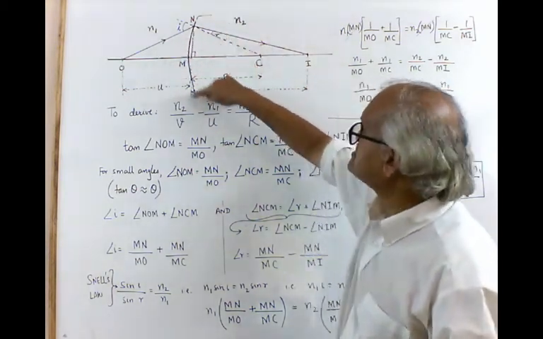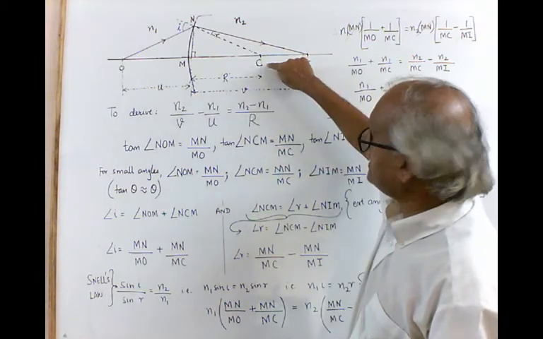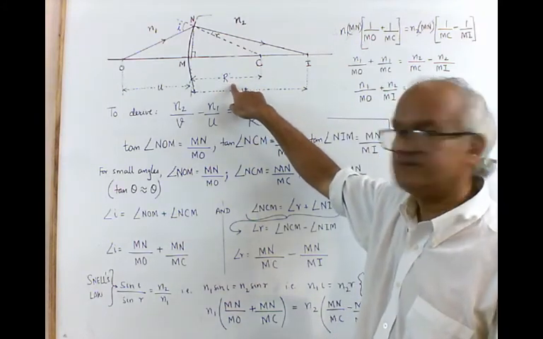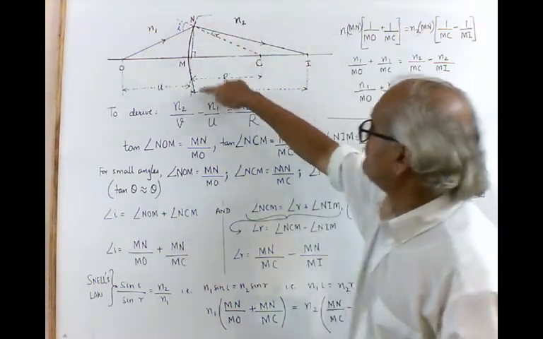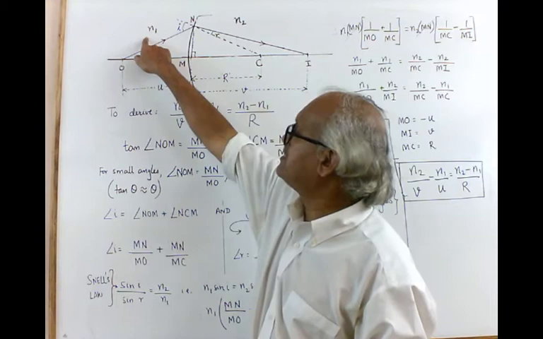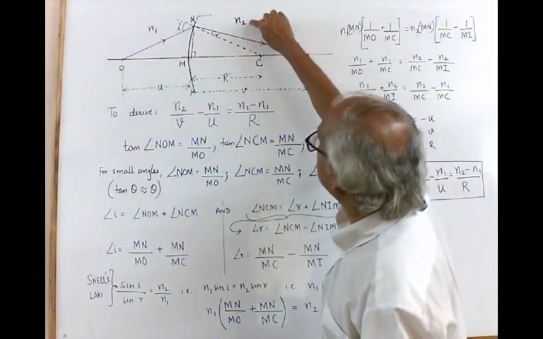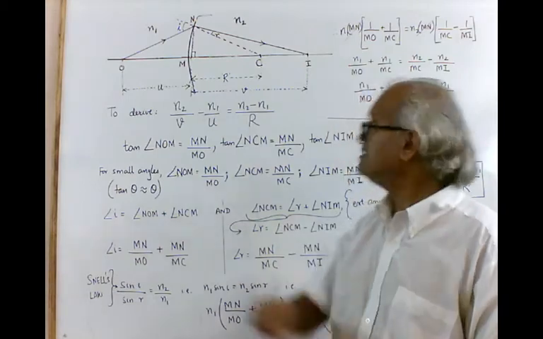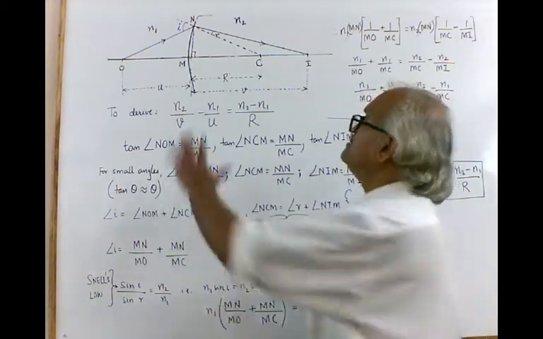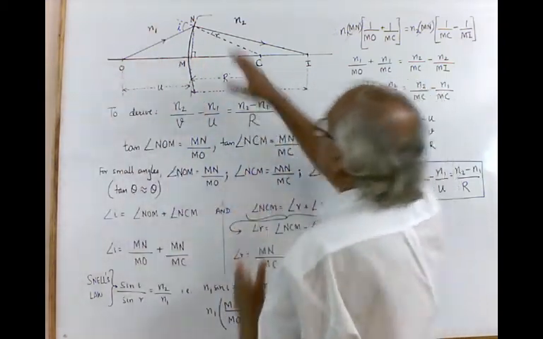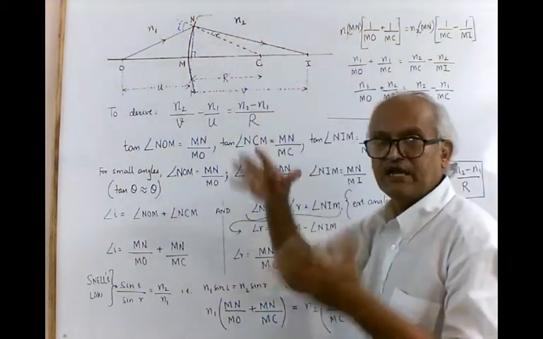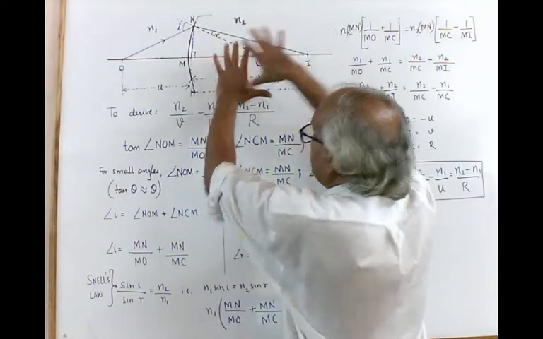This is a convex spherical surface with center of curvature at C and radius of curvature R. Now, for this convex spherical surface placed in this medium with refractive index n1 and having a refractive index n2, we are assuming that n2 is greater than n1. So this is something like plain air in which some kind of a cylindrical structure with a curved surface made up of glass or something like that. That is what we have kept.